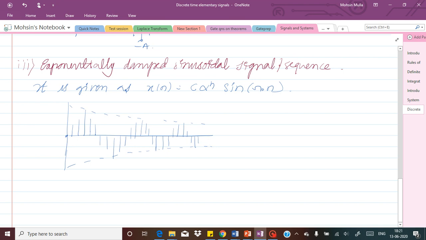You can try to make out the shape here. For every instant the magnitude is decreasing, so that is an exponentially damped sinusoidal signal.